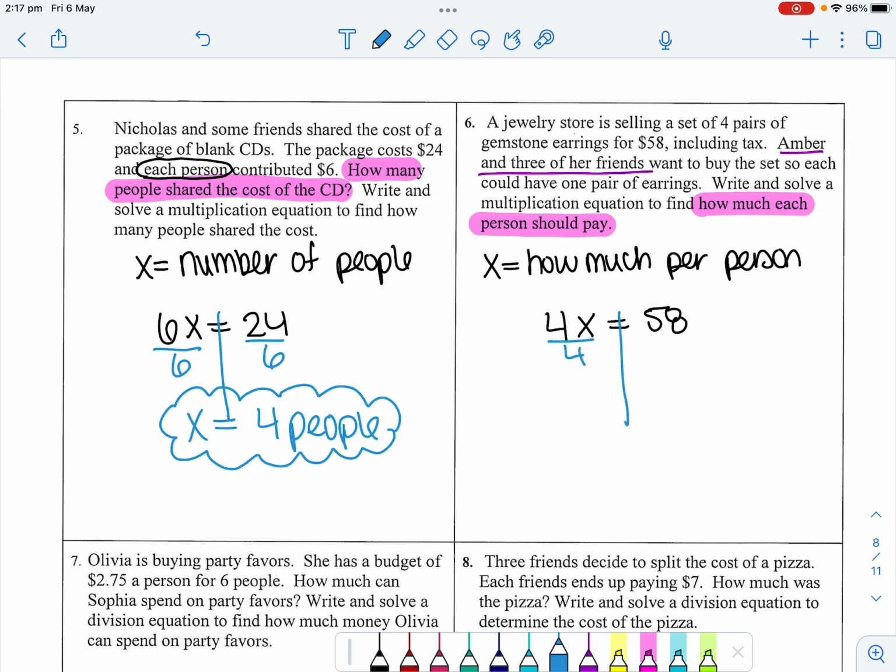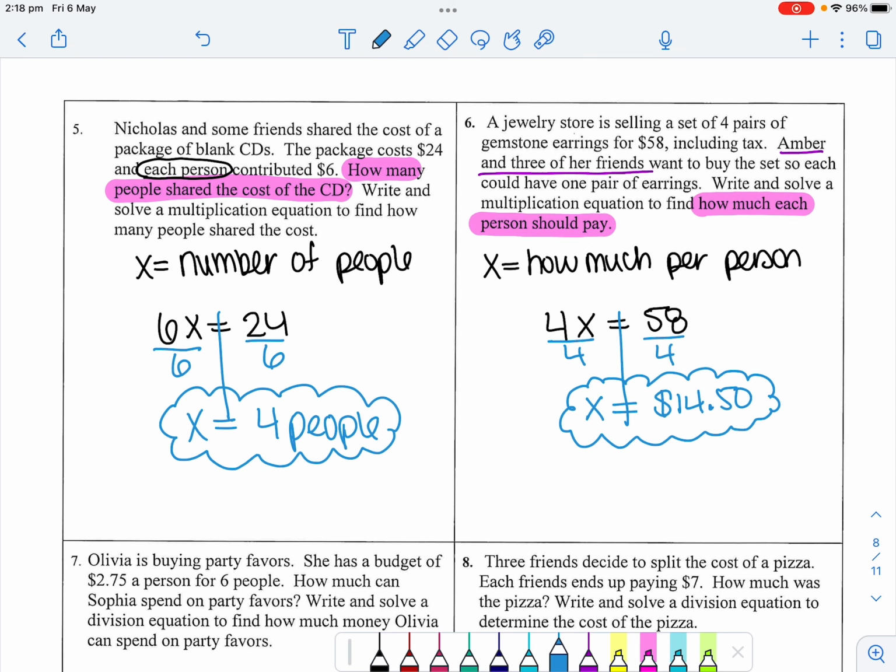So I'm going to divide by 4, and x equals, and I'm using my calculator, 58 divided by 4 is going to be $14.50. When you get that decimal answer, that 14.5 in the calculator, remember that you're talking about money, and we don't say $14.5, we say $14.50, okay?